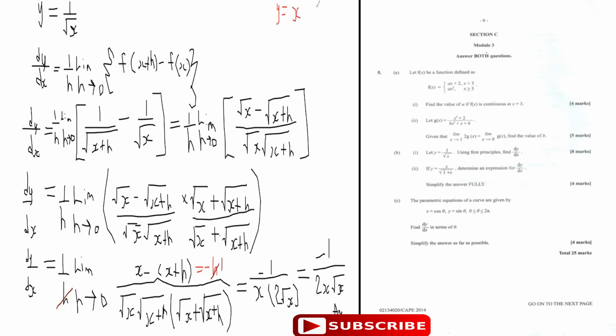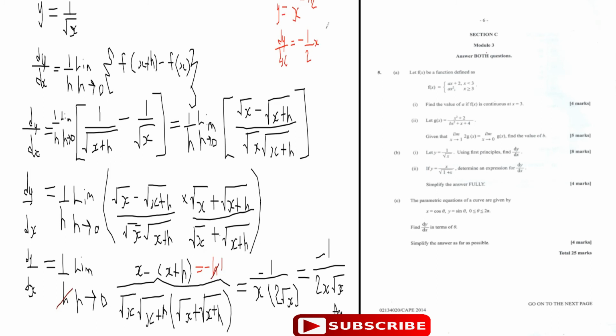If I am differentiating x to the minus half, then dy by dx would be: carry down the power, which is minus a half, subtract 1 from the power, which is x to the minus 3 over 2.